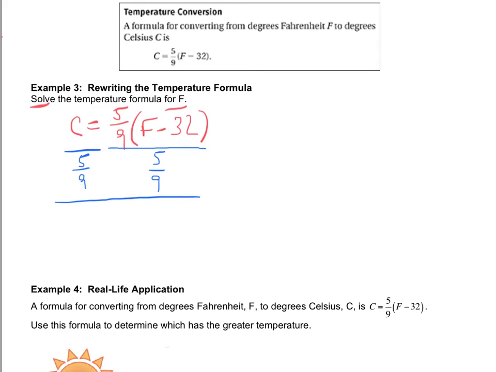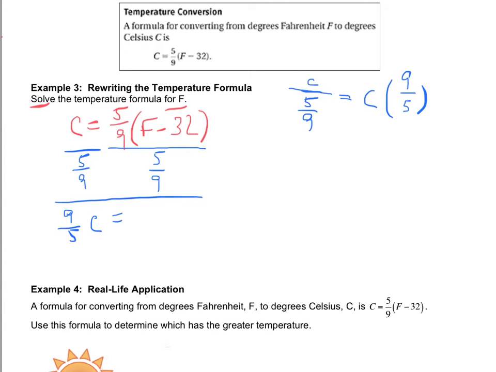Okay, so when I divide by 5/9, remember C divided by 5/9 becomes C times the reciprocal 9/5, so 9/5 C.